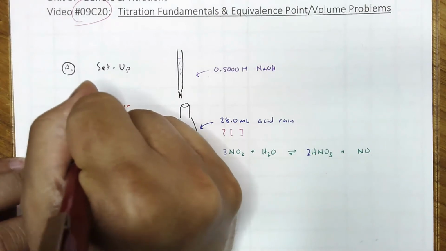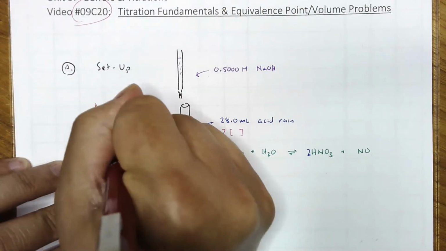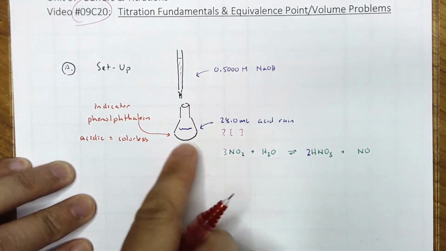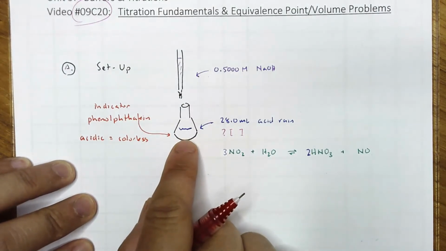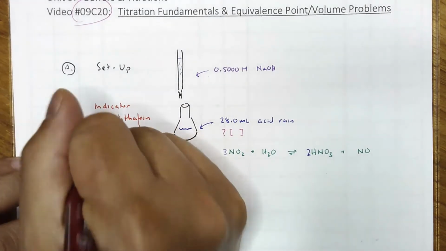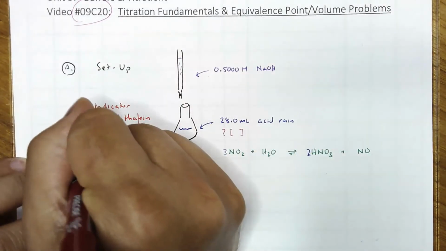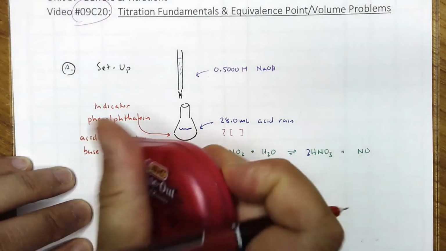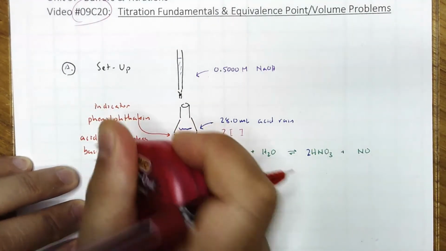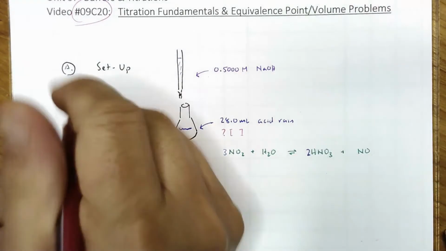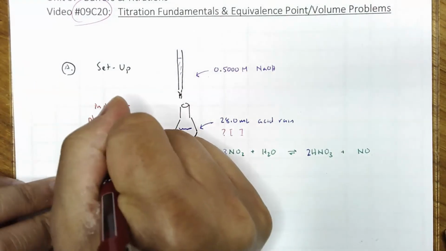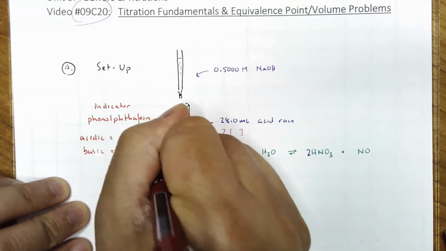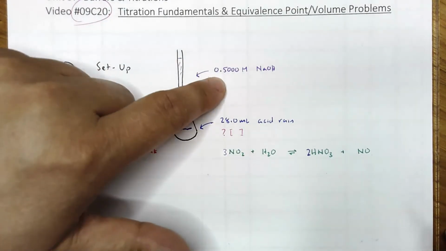So when the solution is acidic, it's colorless, and it should be colorless now if we think that the rainwater is acidic. And then as you're titrating base, if it's basic, it's now going to have a slight pink color. Pink.